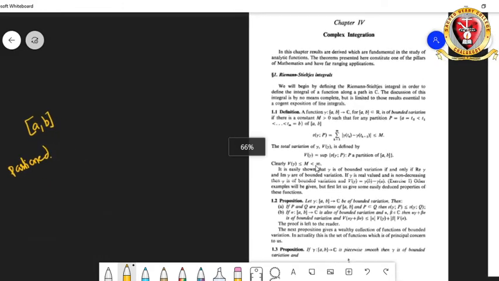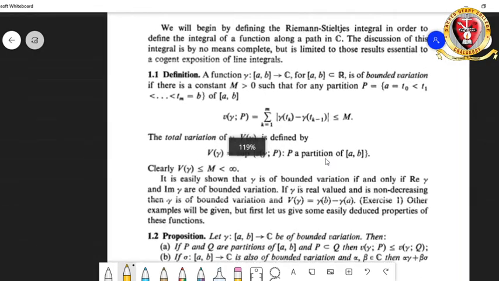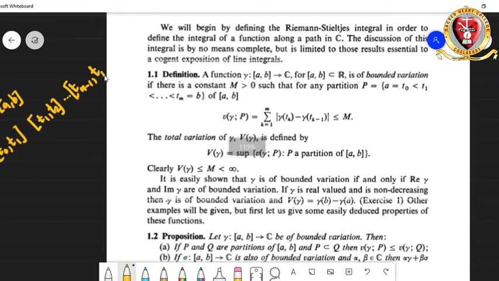These subintervals are [t0, t1], [t1, t2], etc., and the last one is [t(m-1), tm]. We are calling t0 to be a and tm to be b.